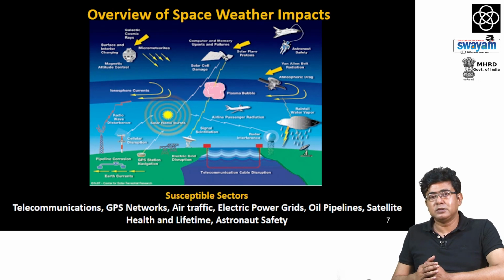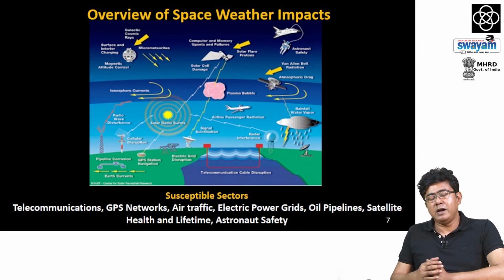In space, satellite operations, the sensitive electronics and sensors of satellites are subject to space weather. When a solar storm is passing through, the perturbation due to the storm also creates positional errors in satellites. For example, it impacts the operation of GPS navigational networks.